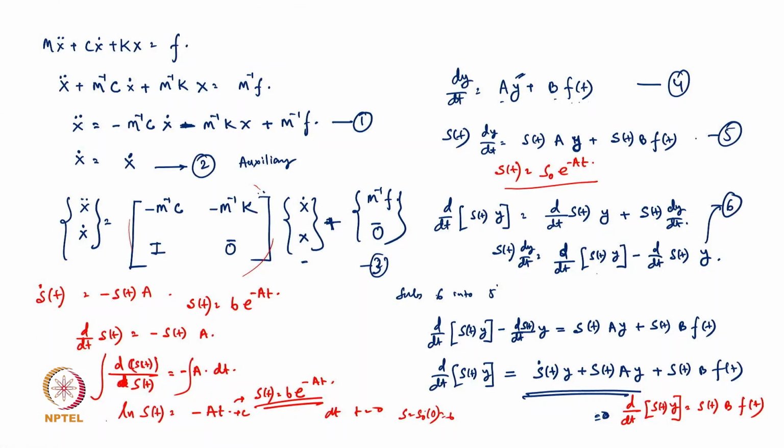Okay, so we have that. Now the point is that don't get diverted. What is our objective? To calculate y. Yes. So let's try to find out y. So d/dt of S of y is equal to this.